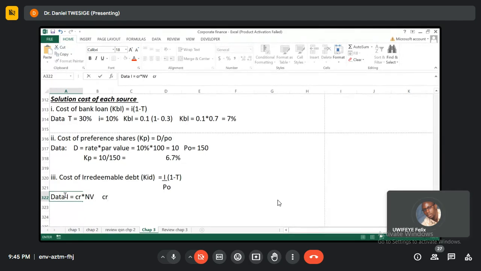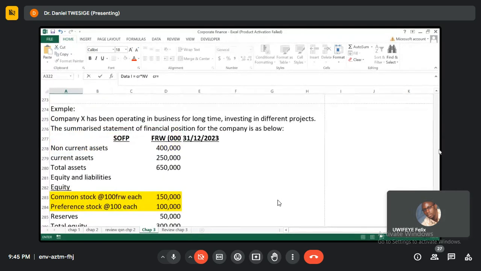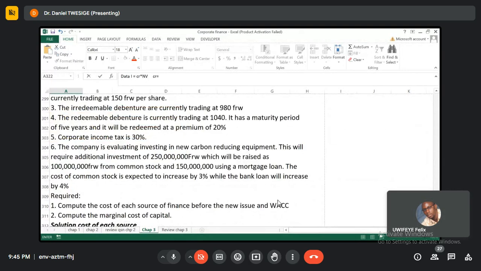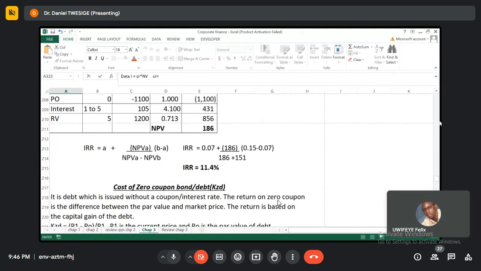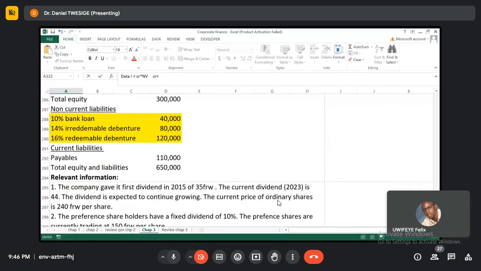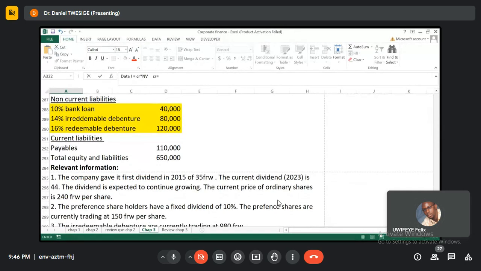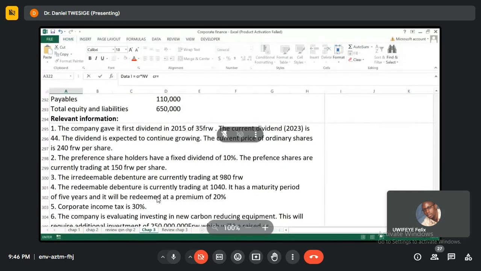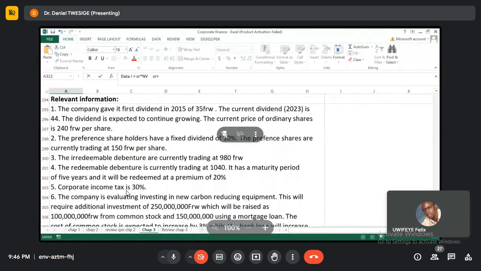And our CR, if I go to the question, the coupon rate in the question is given as 14%. That's the coupon rate, and the par value is given as the par value. Let me check. Did I give the par value? Yeah, by giving this information, it means the par value is 1,000.